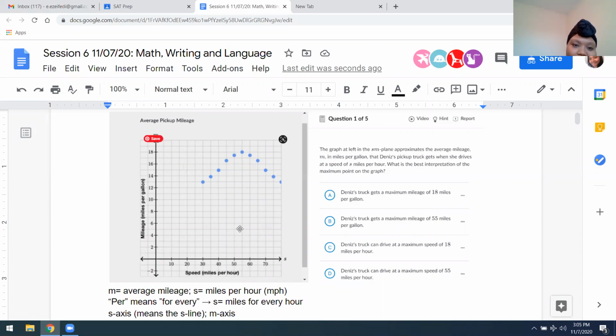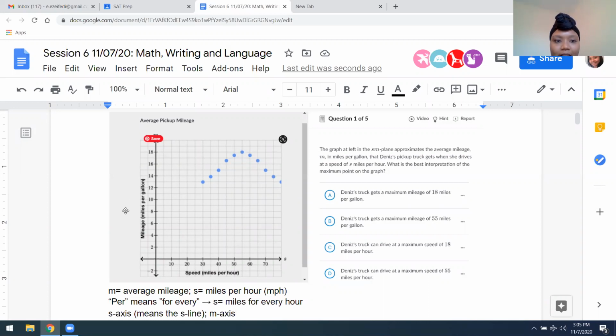So A is correct because A says her truck gets a maximum mileage of 18 miles per gallon. Obviously it's the highest point, so that's easy to look at. But let's rewind a little bit.